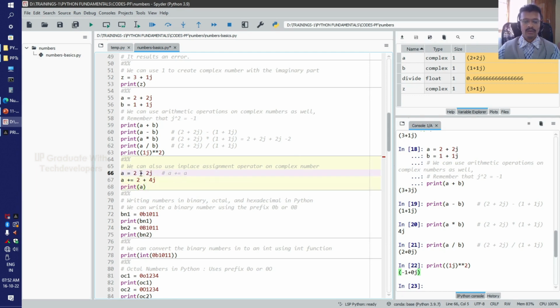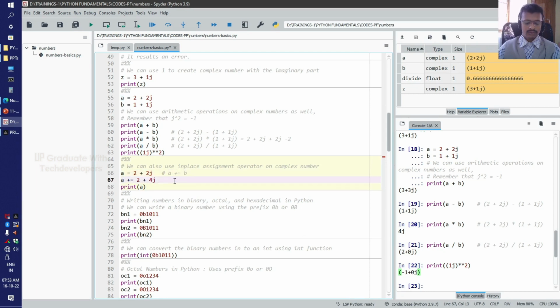For example, here 2 plus 2j is the complex number assigned to the variable a. So a plus is equal to another complex number, for example here b, which is 2 plus 4j.